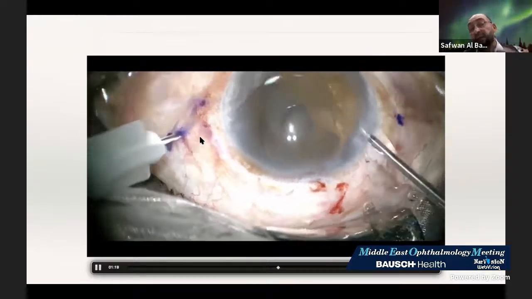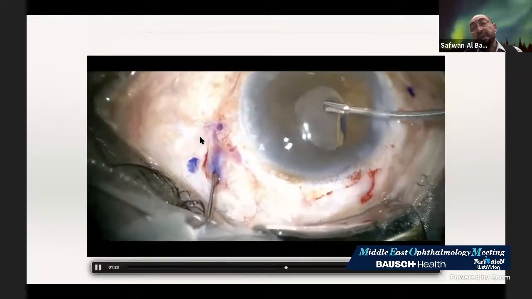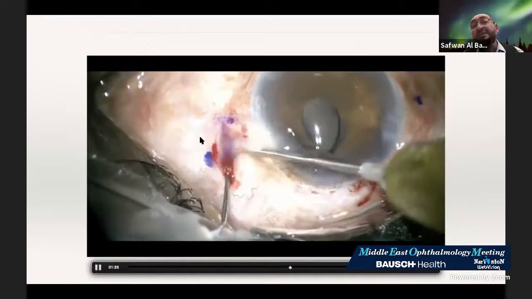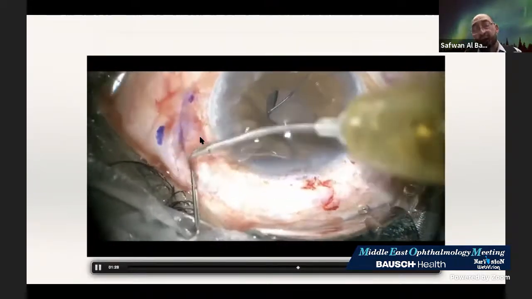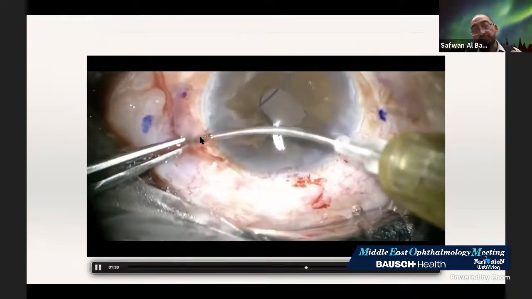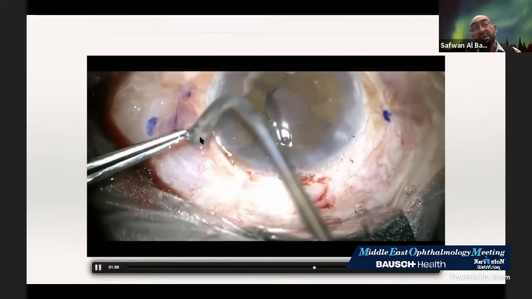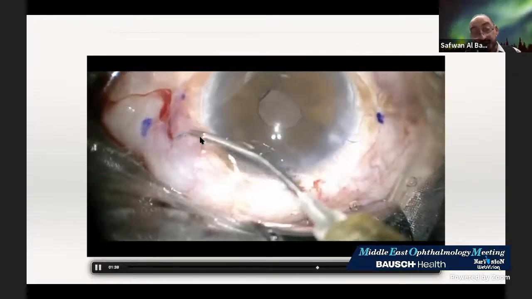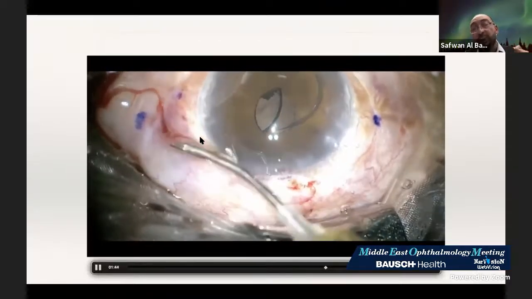This lens is in, but now I'm using the modified Brian Kim technique, and here I didn't use the double needle. See, I'm getting the haptics outside, and I did my hinge. I'm using the old cautery here. See, the hinge was fine. I push it in a way that I feel it's now stable.